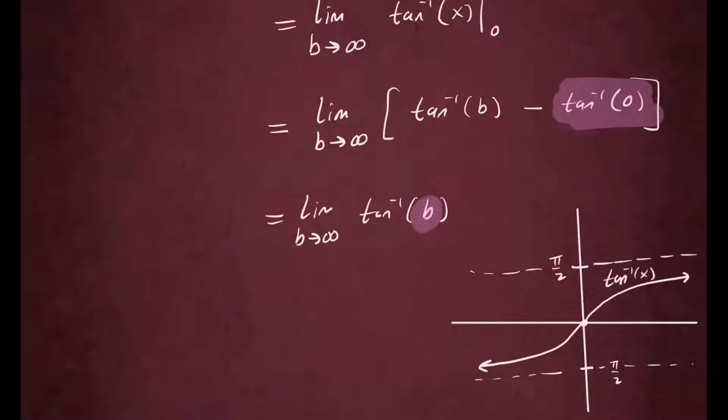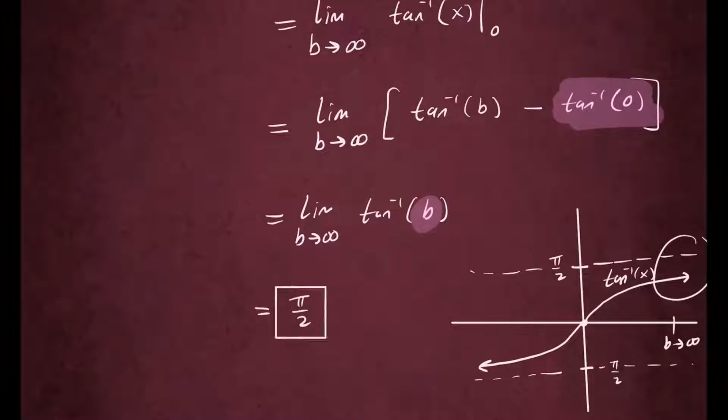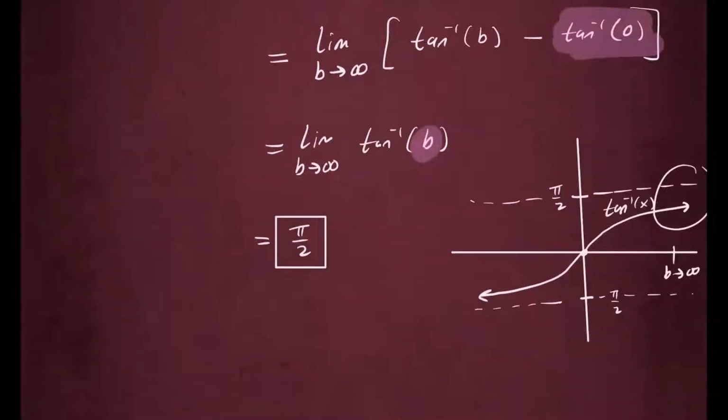So as b grows, let's say b keeps going to infinity, the graph approaches its horizontal asymptote. So this limit is simply pi over 2. Since we got a value, not infinity, we're going to conclude that this integral is convergent. Convergent is just another vocabulary we often use to indicate that the integral reaches an actual value rather than infinity.